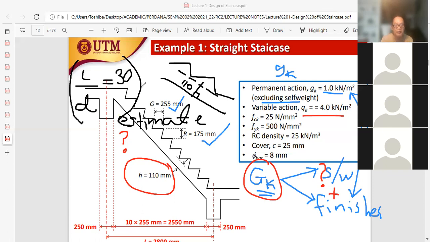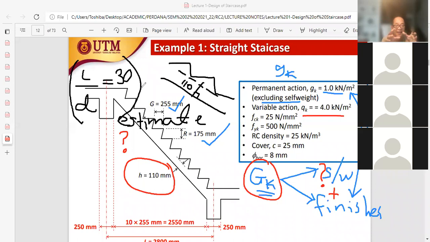Okay, kita tahu L over D for continuous is approximately 26. Around 26 for continuous beam ataupun continuous slabs, around 25, 26. And the modification factor, kita ada modification factor for tension steel, modification factor for span dan sebagainya, is taken more or less about 1.1, 1.2.